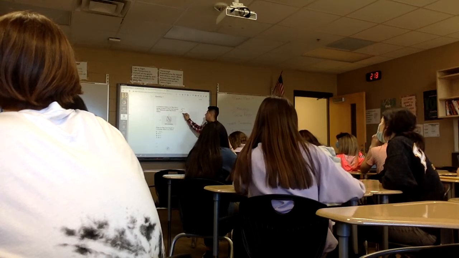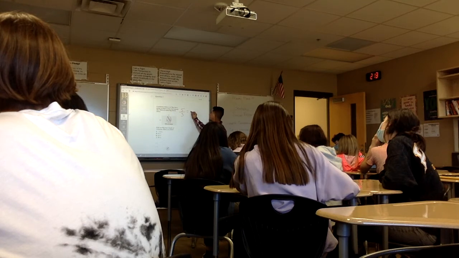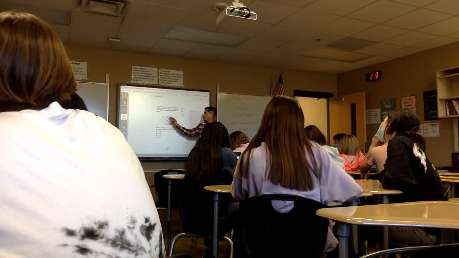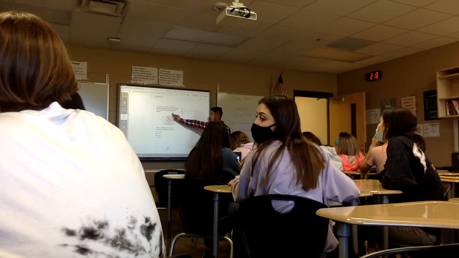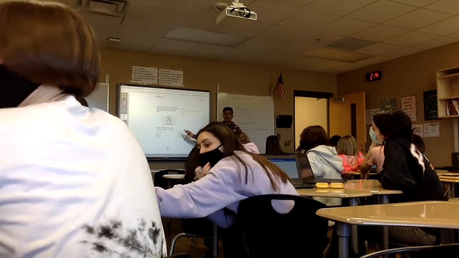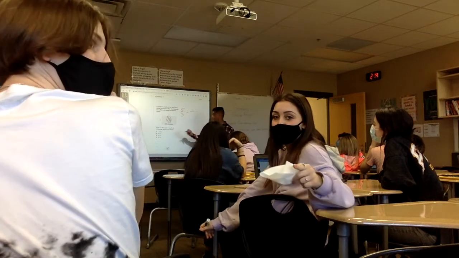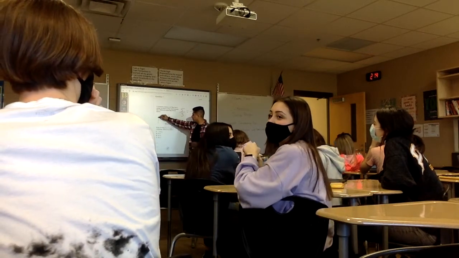So 5 over 3 is going to be equal to something else. Now, what does 5 represent, the length or the width? The length. So this is the length, this is the width.